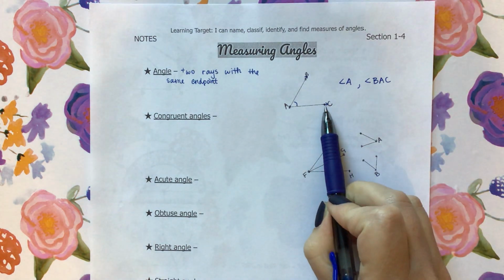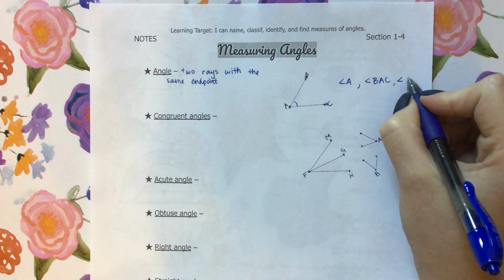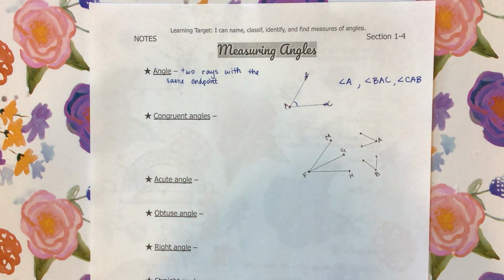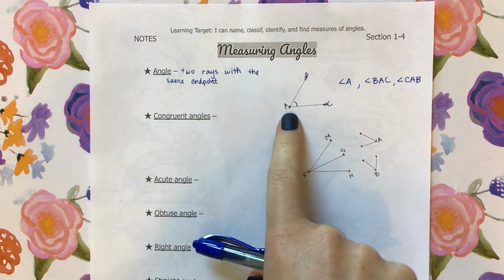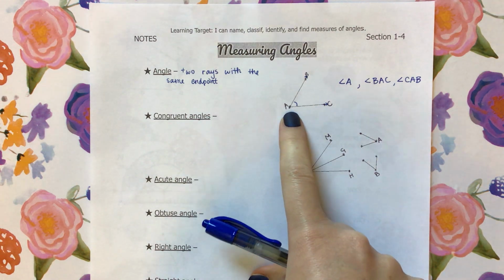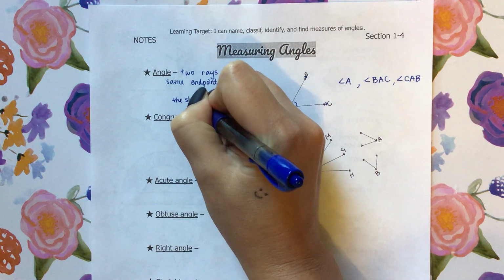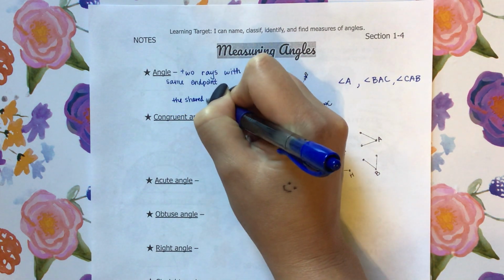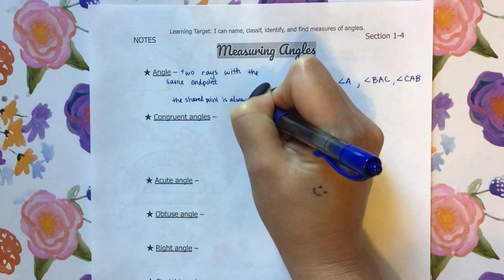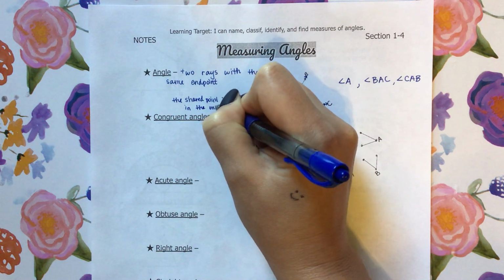And of course you can go the opposite way, so angle CAB. Something that I want you to notice though is that the A, or the vertex of the angle, is always in the middle. So the shared point is always in the middle when naming it.